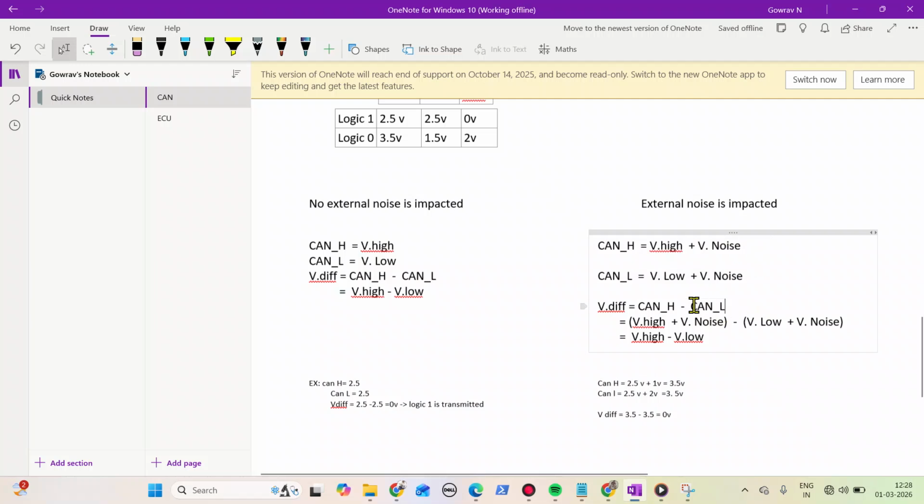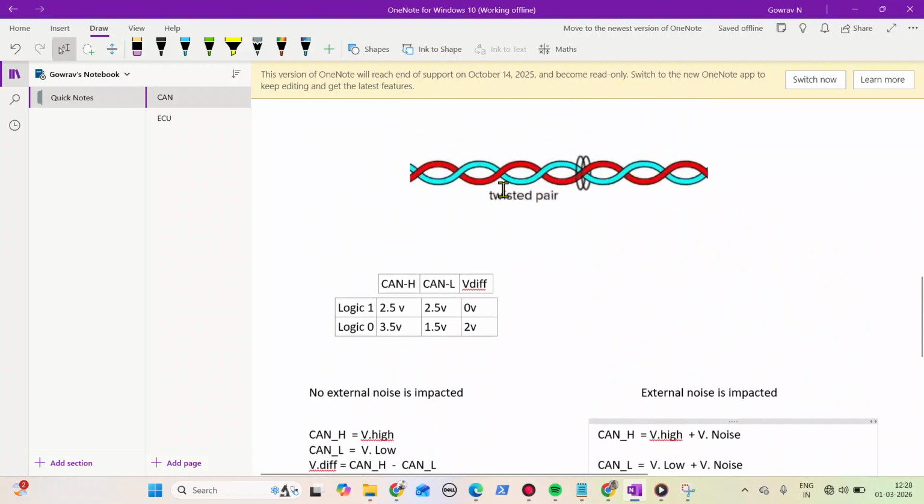To make sure the same amount of voltage is induced in both wires, we came up with this twisted pair. Why are we using twisted pair here? Because you can see at every point, both wires are twisted. For example, consider this point.